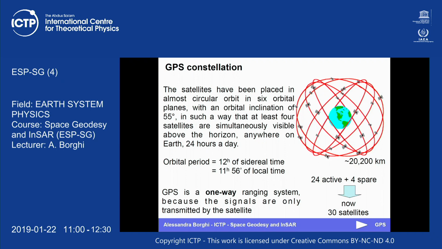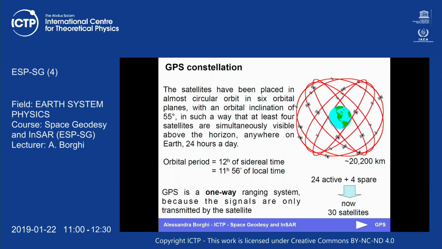So over time we change the satellite. We don't always see the same satellite over our head at the same time, but the satellite configuration changes. And how many satellites do we need?